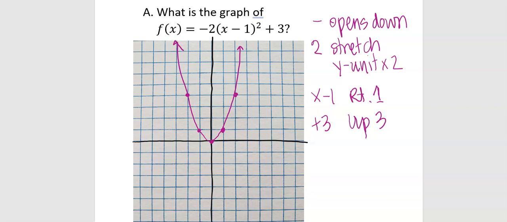I like to do the flipping right away because then you're not wondering where it flips over. When it opens down, take it from where it is, the vertex point stays where it is, and all the other points move the other direction. So this one stays and the others flip down. If it's 4 units away from the x-axis, then it would be 4 units away from the x-axis the other direction. So here's the down part.